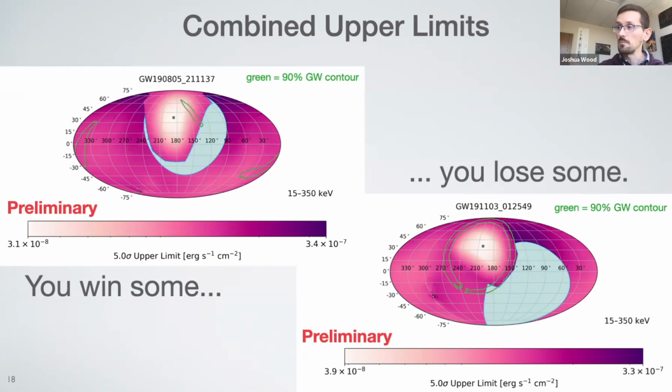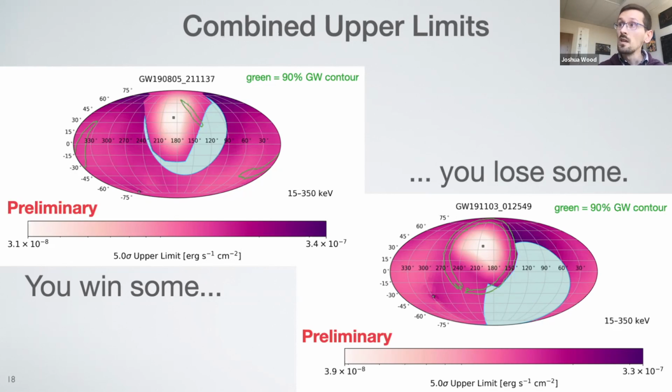You get cases like the bottom right, where the gravitational wave detectors believe this event, 191103, happened in a region that almost exactly circles where Swift was looking. So it's purposely trying to avoid being discovered by that Swift-BAT instrument. But that's why we're doing our best in coordinating with as many instruments as possible to make sure we don't miss these events as best we can. But we're given the hand we're dealt sometimes.